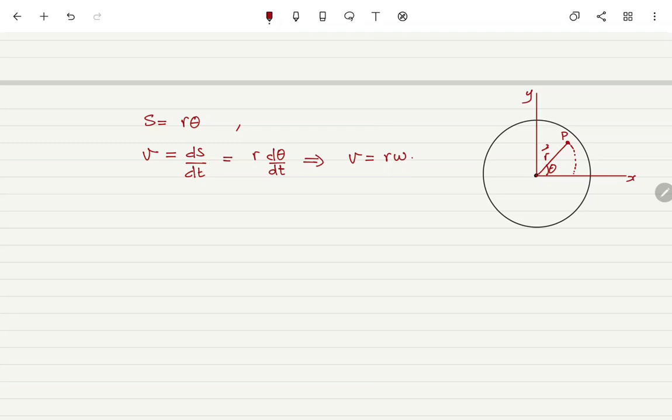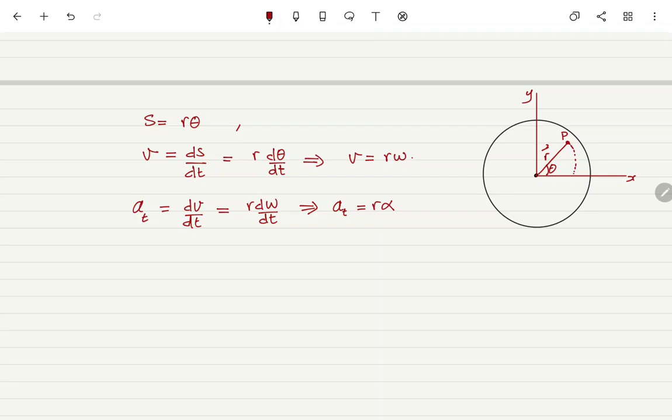Now again, the magnitude of the tangential acceleration, a tangent in this case, is equal to dv by dt, or in other words, r d omega by dt. A tangent in this case is equal to r alpha.